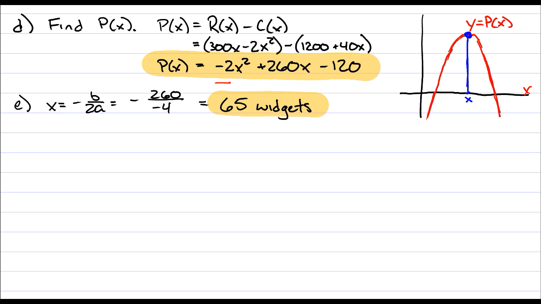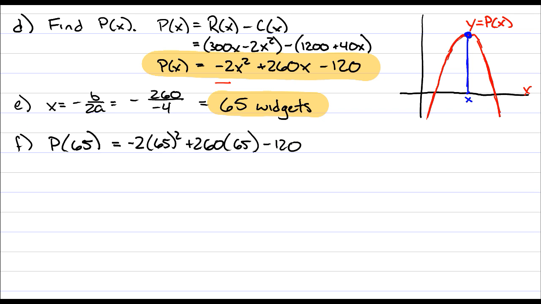Okay, so in part F, we're asked to calculate the actual maximum monthly profit. Since we have a profit function, P, and we know that the maximum profit occurs at 65, we just plug 65 into P, and that's going to give me minus 2 times 65 squared plus 260 times 65 minus 120.